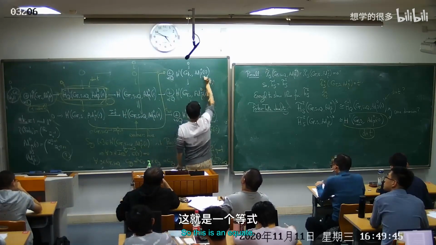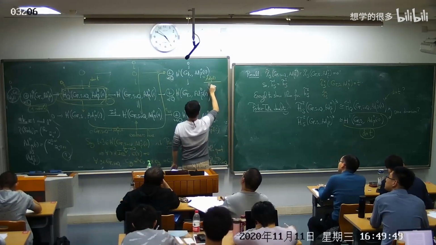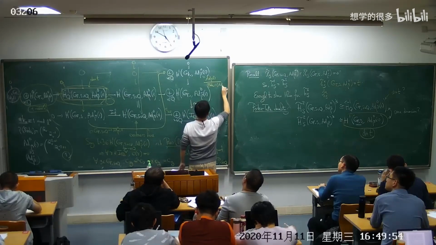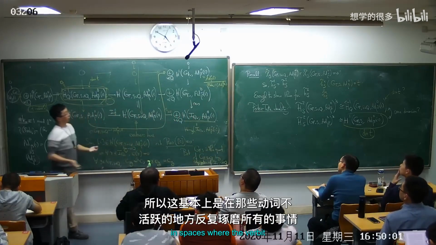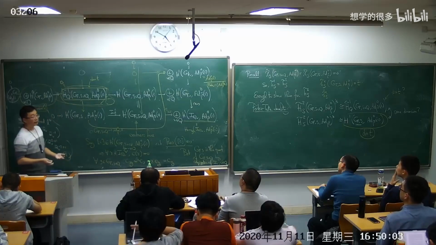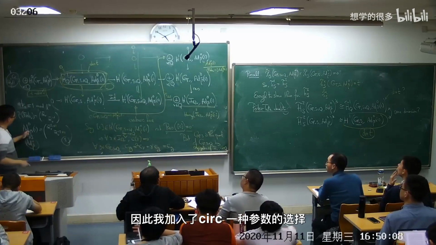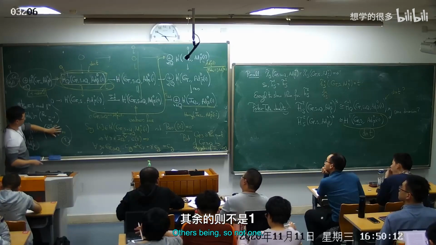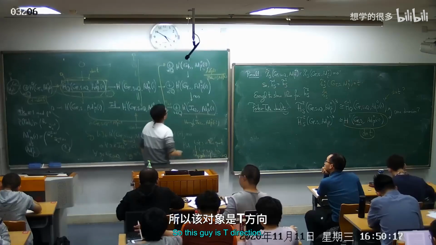This is the adjoint quotient by the Frobenius action, so it is basically killing all the eigenspaces where the Frobenius doesn't act trivially. And in this adjoint circ, there's only one Frobenius eigenvalue being 1, the others being not 1. So we're left with one dimension for each v. So this guy is t-dimensional.